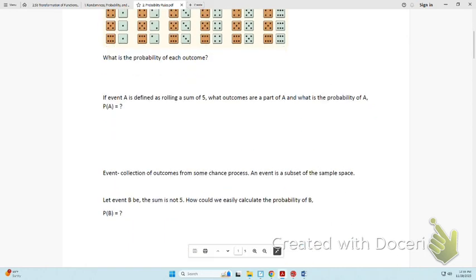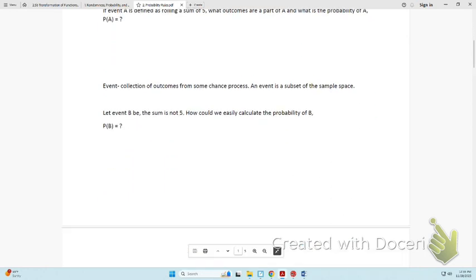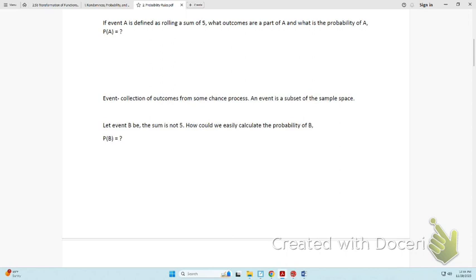Moving on, what if we want to solve something that's kind of backwards from the initial question? For example, A is summing to 5, and that was 1/9, right? If they ask you what is the probability of not adding to 5, this is called the complement, in this case, of A. So if you know that A is getting a sum of 5, then not getting a sum of 5 is the complement, because the two of them add together to 1.